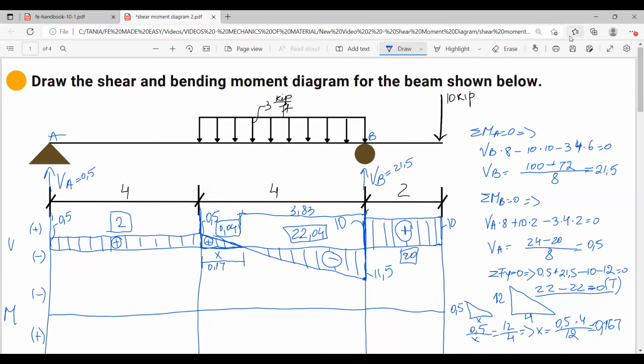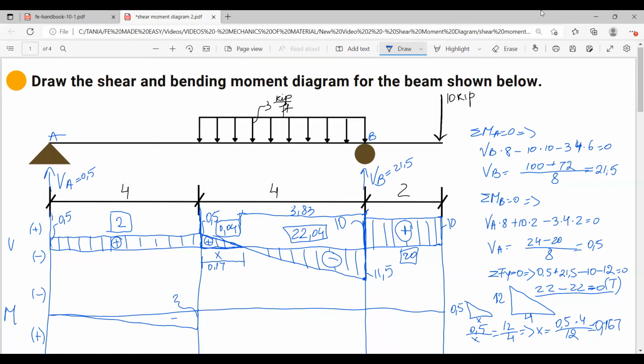Perfect. So let's start by drawing the bending moment diagram. I will start at 0. We have a support, we start at 0. And I know my diagram is going to be linear and it's going to go towards the positive side with a value of 2. So I'm going to have 2 here.